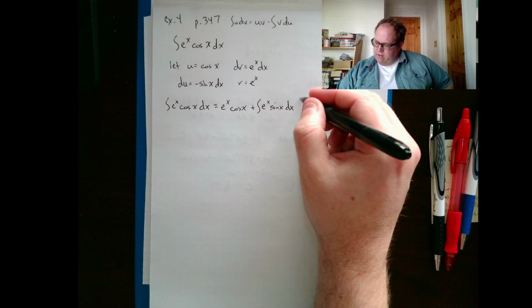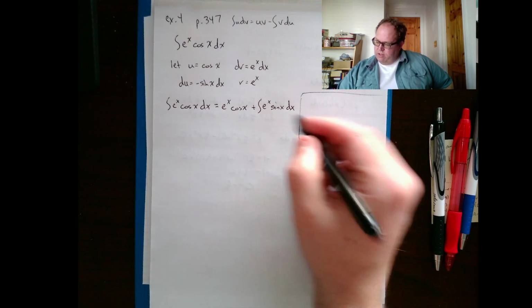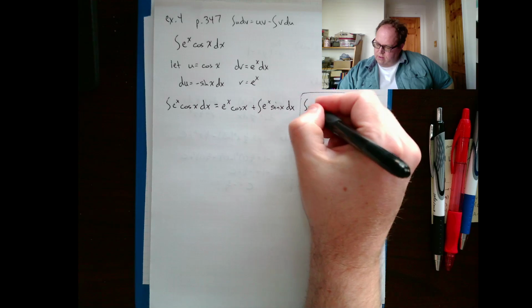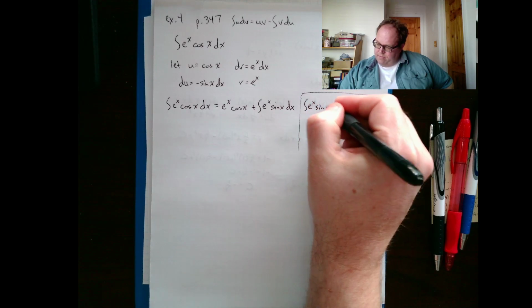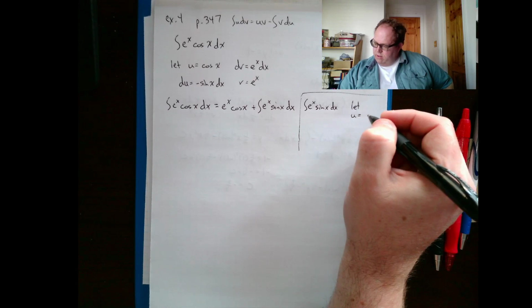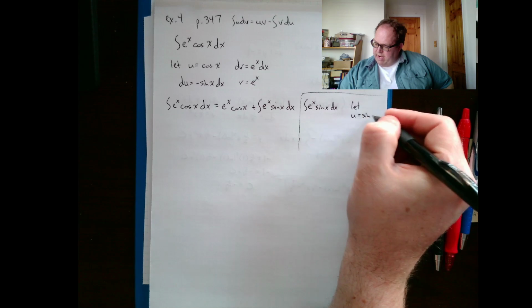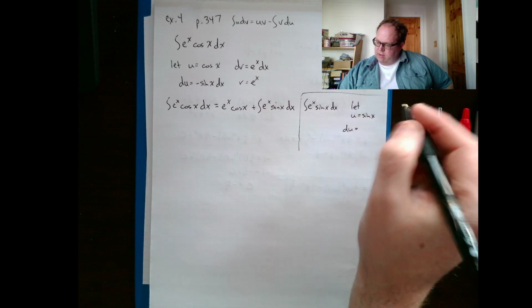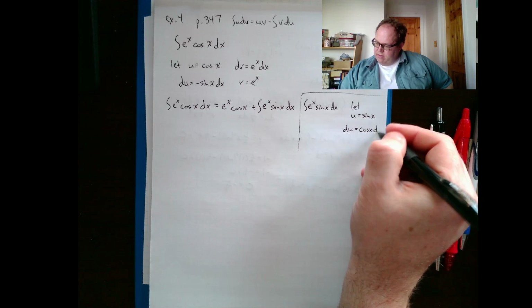So, off to the side here, I'm going to churn through this integral by doing parts one more time. I'll let u equal sine x, which means du is going to be cos x dx.